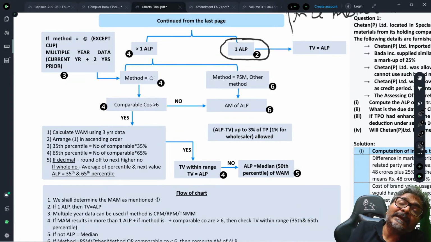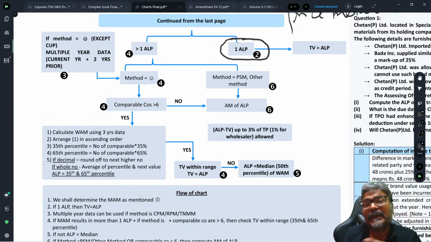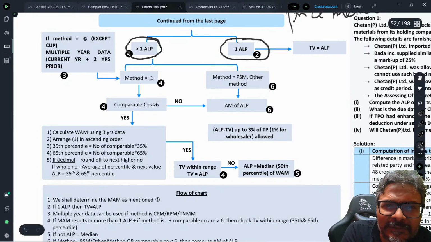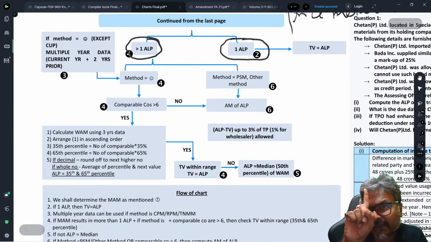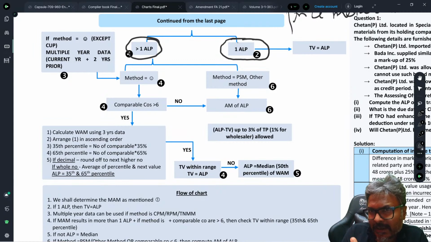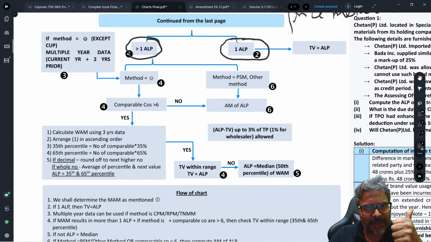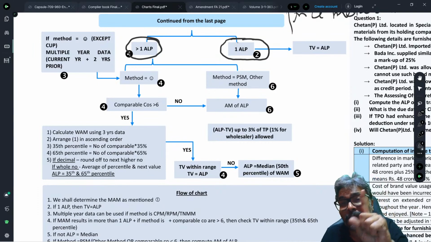And if you are getting more than one ALP, then what happens? Now, this type of question the ICAI has asked once, wherein they have given you more than one comparable data for the international transaction. And what did I tell you?